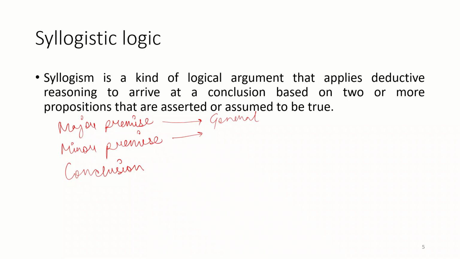This is based on deductive reasoning, syllogism, general to particular. And then we have a specific statement, and upon that we test it and come to a conclusion. This is a typical way how logics are formed.